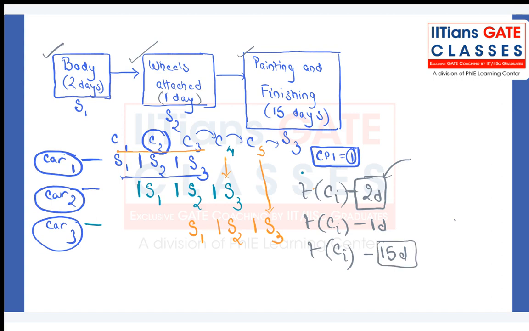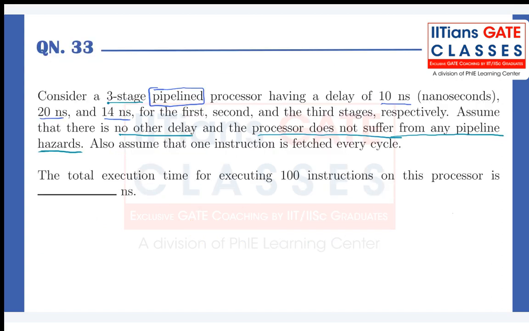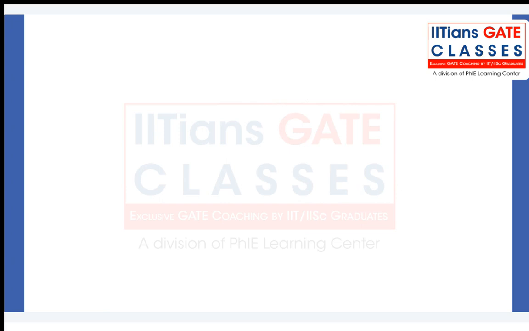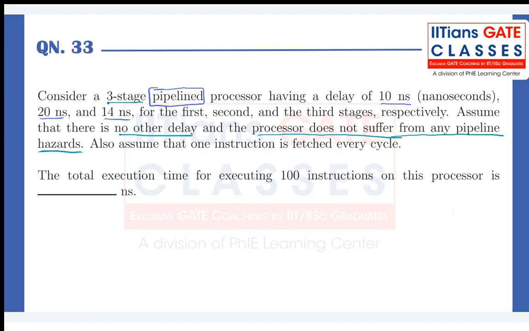Okay, fine. So if you understood this, now the question is very straightforward. First, you have to find the time per cycle, which we call, let's say, TP, the time in the pipeline case. First stage takes 10 nanoseconds, second stage takes 20 nanoseconds, third stage takes 14 nanoseconds. What is the maximum? 20 nanoseconds.